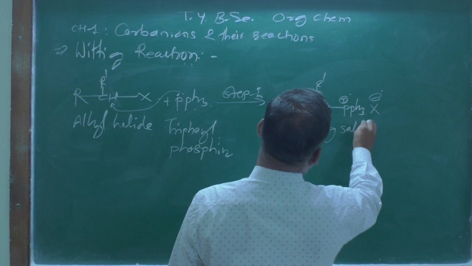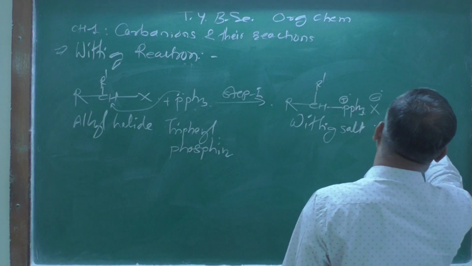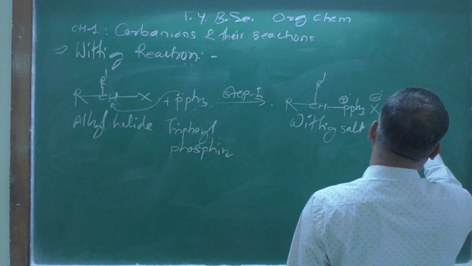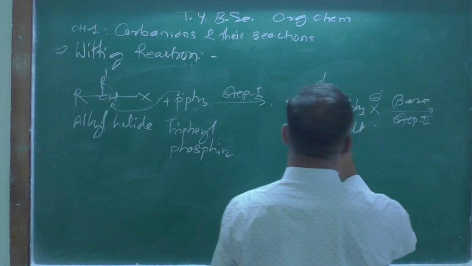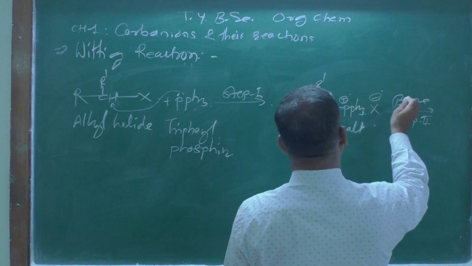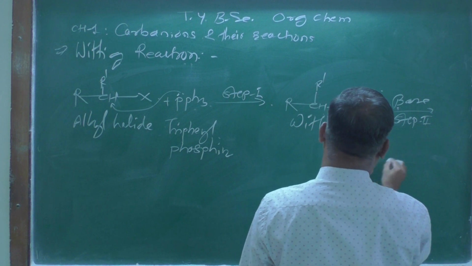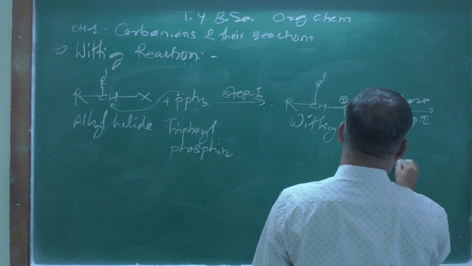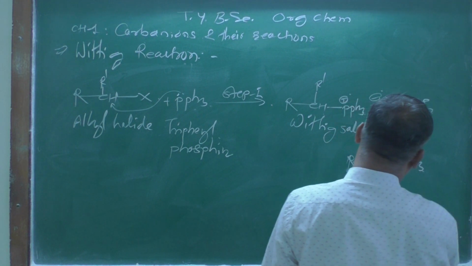The Wittig salt is obtained over here, and this Wittig salt is further treated with base, and this is step number two. What is going to happen over here? The function of the base is to abstract the proton from here, and we are going to get R, then R', a minus charge over there, P, then PPh3, here is a positive charge.